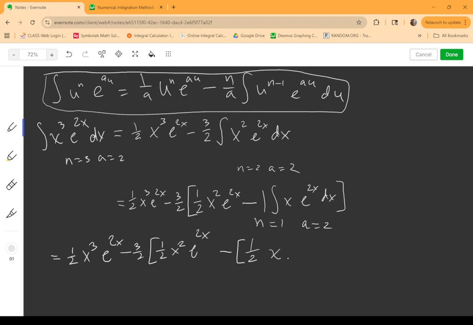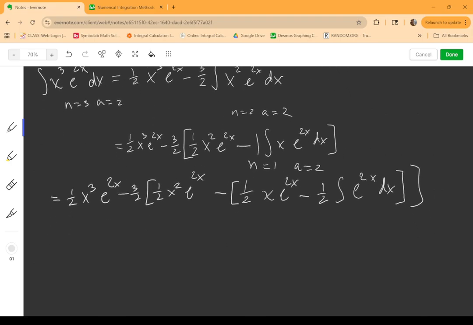So 1/2 x e to the 2x minus n over a, so that's 1/2, the integral. Now we get x to the n minus 1, which is 0, so x to the 0 is just 1, and we get e to the 2x dx. And now notice here that we no longer need the formula up top because it's not of that type.